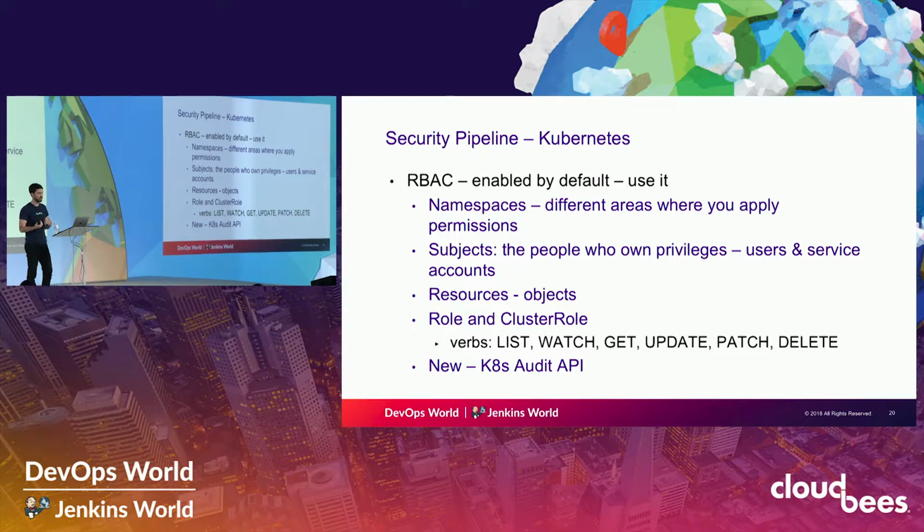And one of the really nice things that's out in 1.12 of Kubernetes is the audit API. One of the things that's been a huge security flaw, and hard to control from an audit perspective, is the who did what where within my Kubernetes infrastructure.